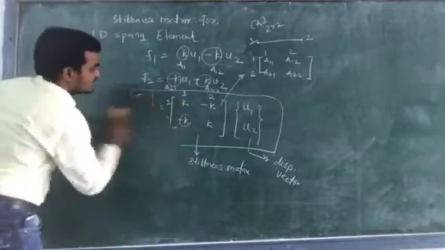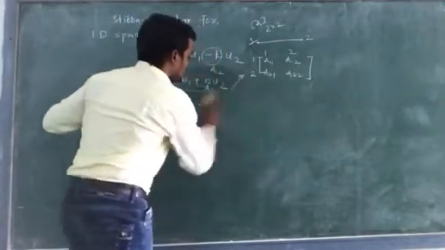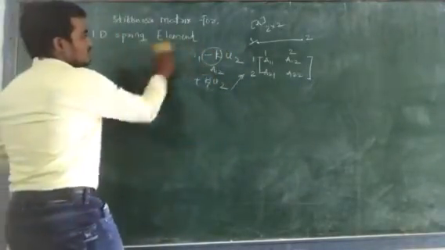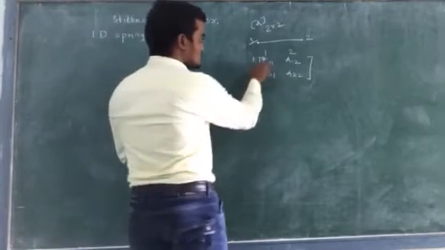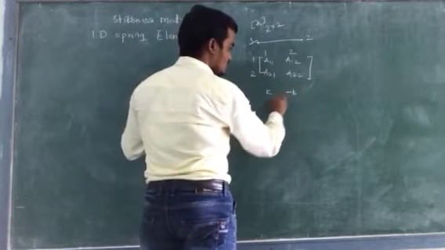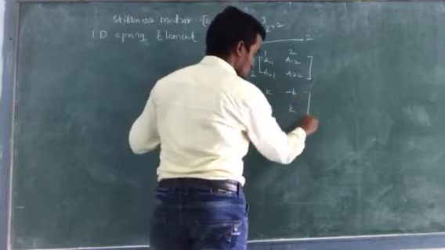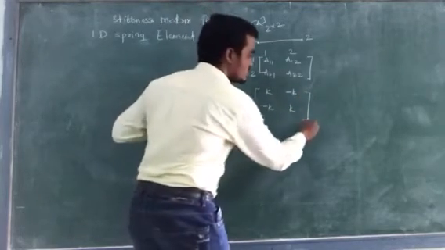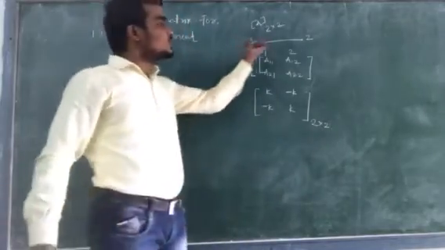Now, if we consider two spring elements, actually this is the matrix. Instead of A11 you can write k, minus k, minus k, k, and the order of this stiffness matrix will become 2 by 2 because there are 2 nodes.